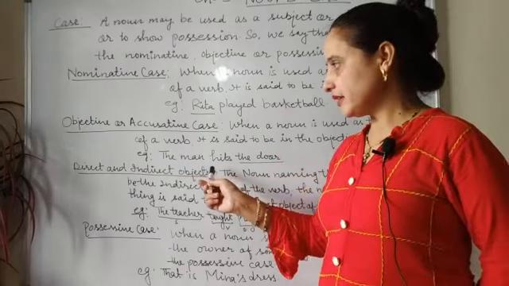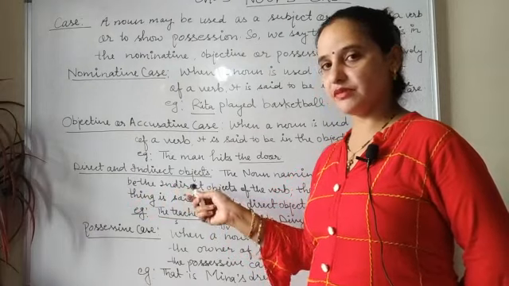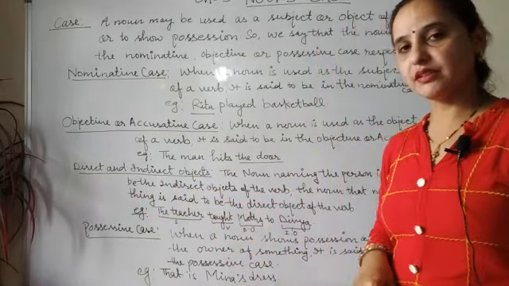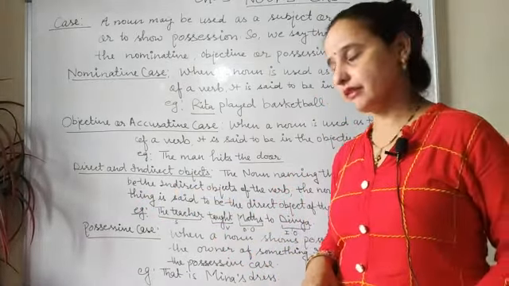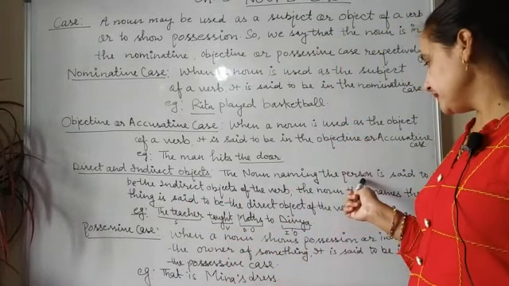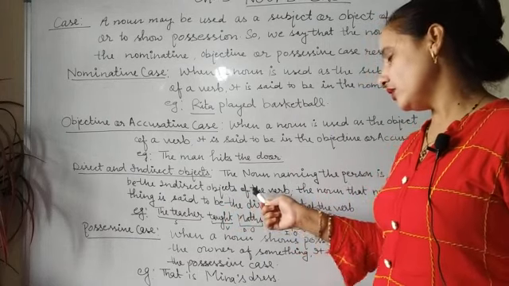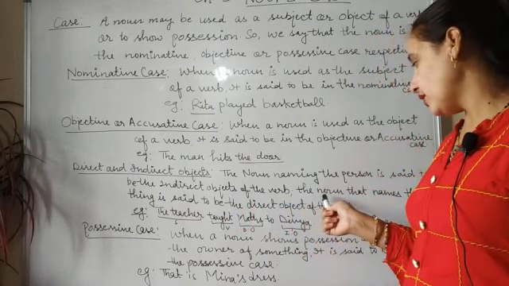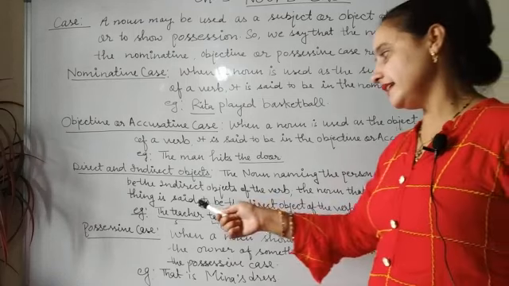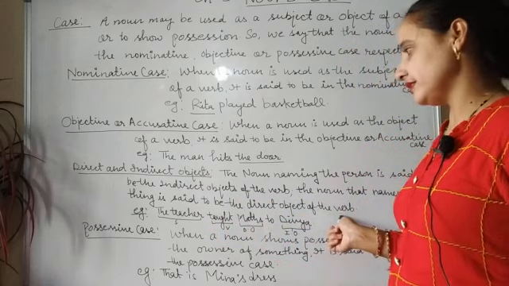In the objective case, the next content is direct and indirect objects. What is the direct object or what is the indirect object? The noun naming the person is said to be the indirect object of the verb. The noun that names the thing is said to be the direct object of the verb.